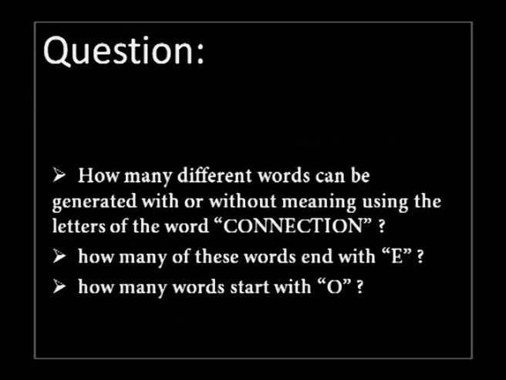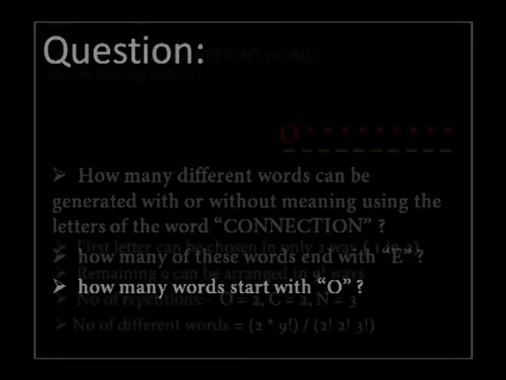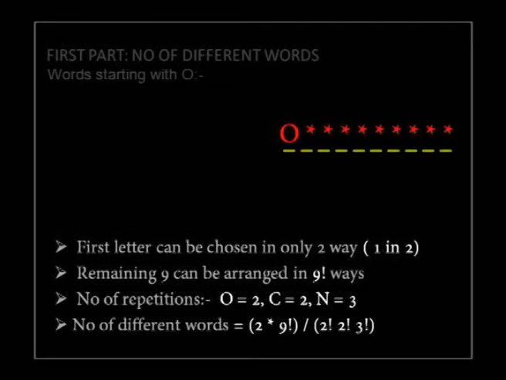And the last question is about how many of such words start with O. Now, there are 2 O's here, so any one of the 2 can be selected. So the first letter can be chosen in 2 different ways.